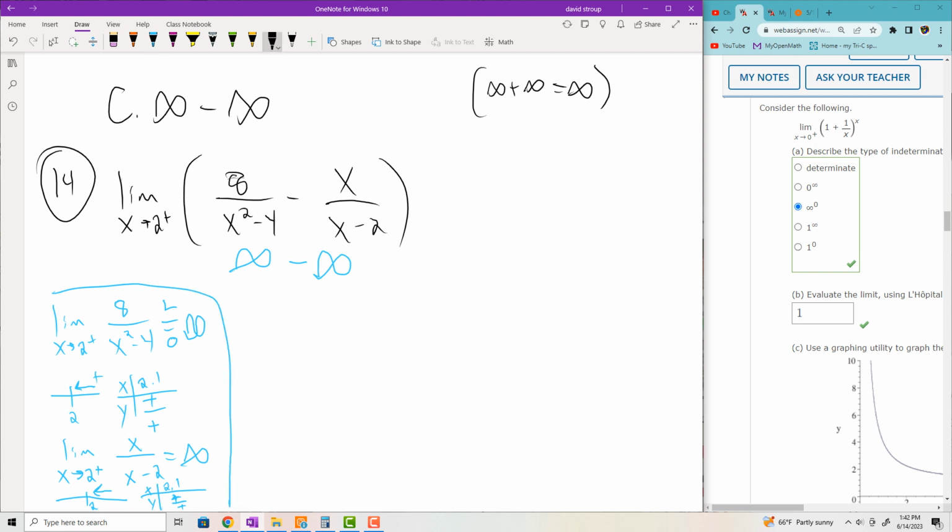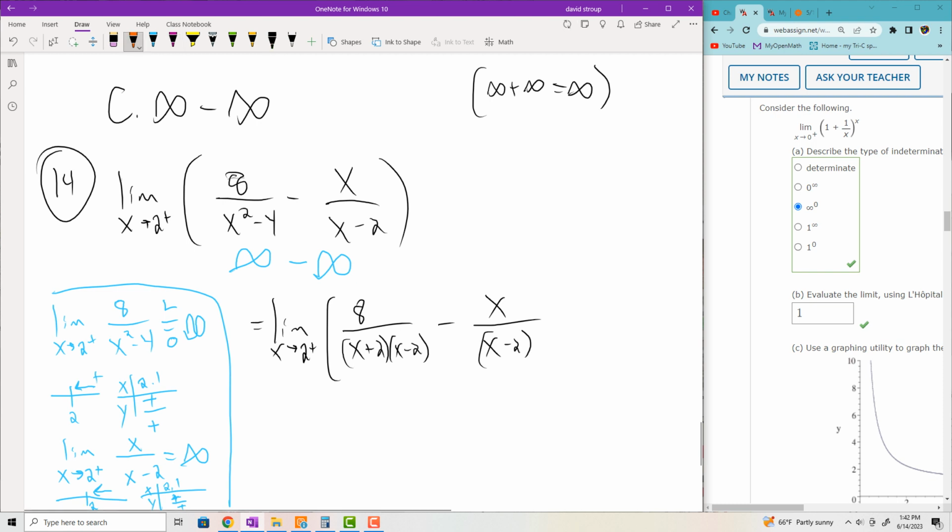I need to do something to rectify that problem. And the algebraic transformation here is to take these two fractions and convert them into 1, all right? So be a little bit careful. In the denominator here, I want to factor. So I have x plus 2, x minus 2. And the other denominator, I just have the x minus 2.